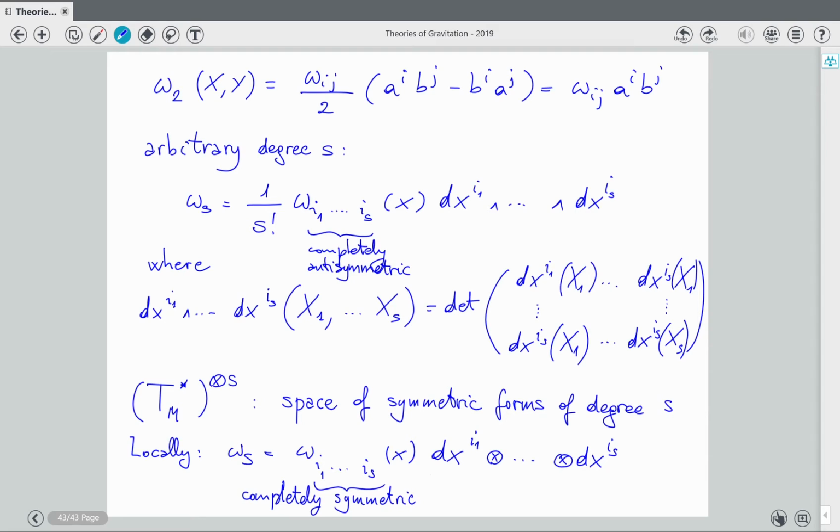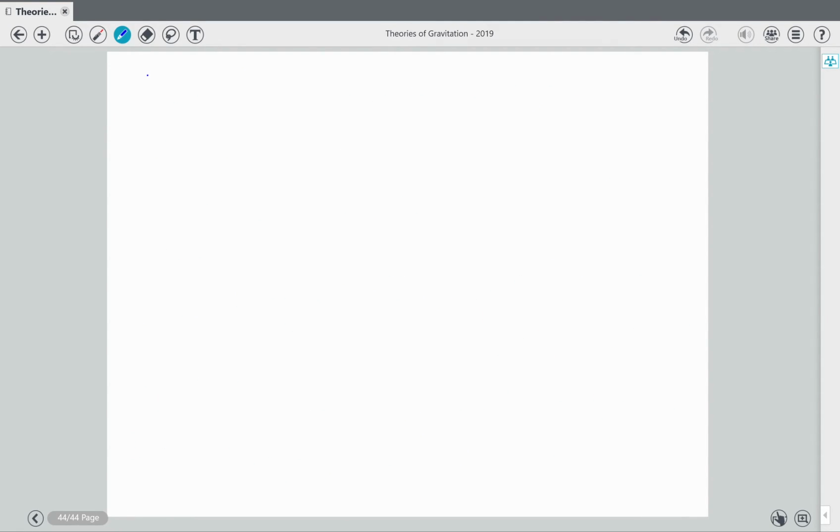But aside from that, it is quite straightforward. We just gave the example which is most useful, S equal 2, because then it generalizes immediately. So we have dxi times dxj acting on a pair of vector fields as before.